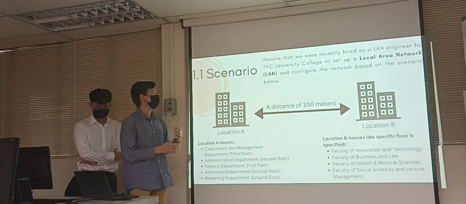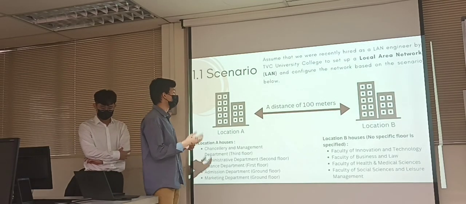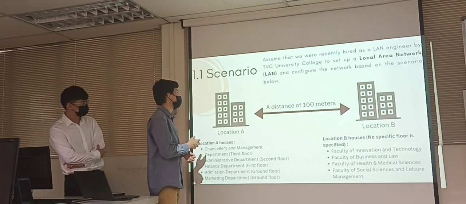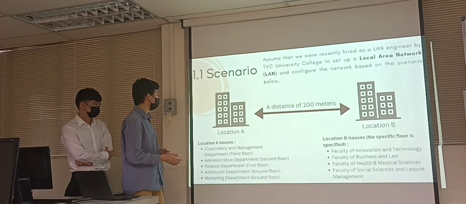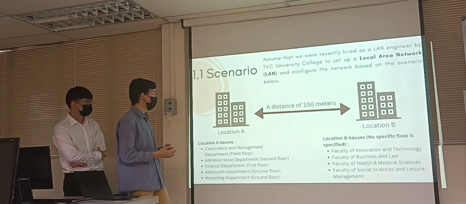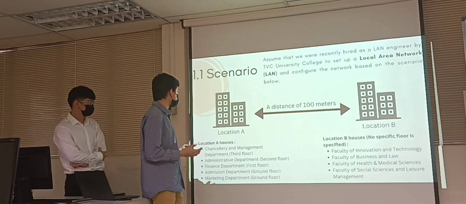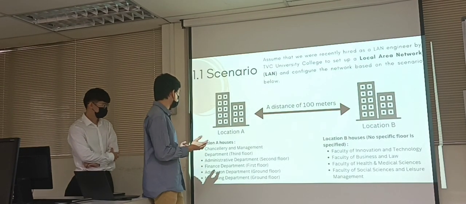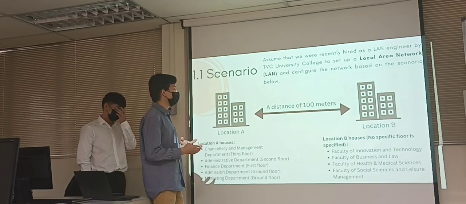There are two locations, location A and location B, and there is a distance of 400 meters from location A to location B. Location A hosts the chancellery and management departments on the third floor, the administrative department on the second floor, the finance department on the first floor, and the admission department and marketing department on the ground floor.